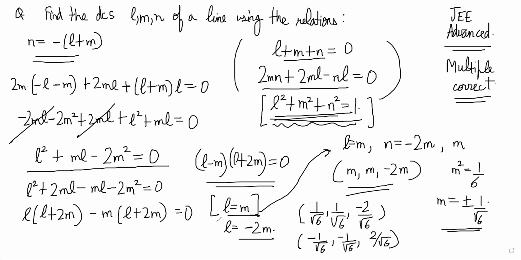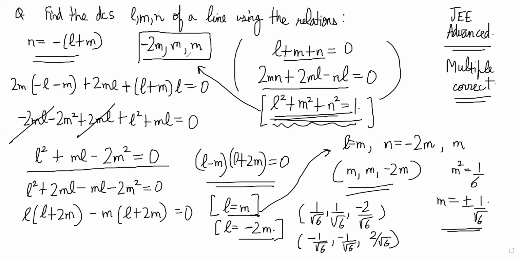Yes, sir. When L is equal to minus 2m, we will do similarly. If L is minus 2m, we'll write minus 2m. m is the same as m, and here it is minus m, so it is plus m, right? Yes, sir. And now again we use this condition and you'll get 6m square is equal to 1 again.